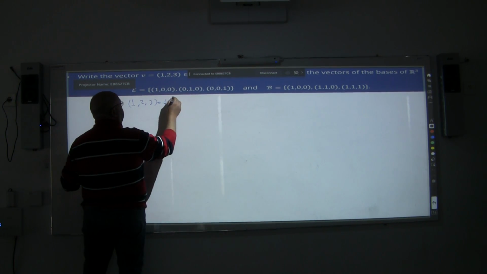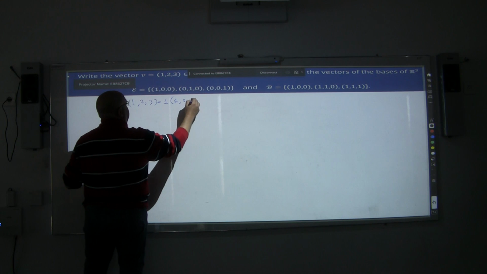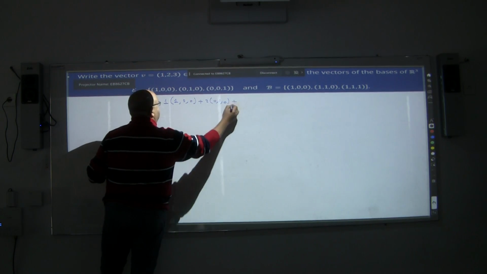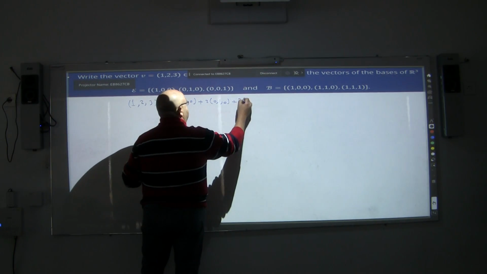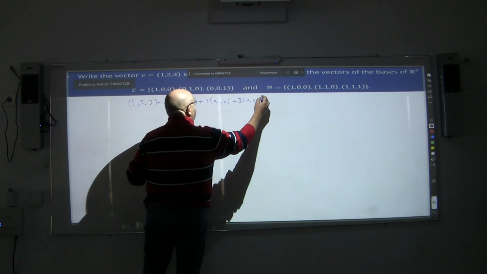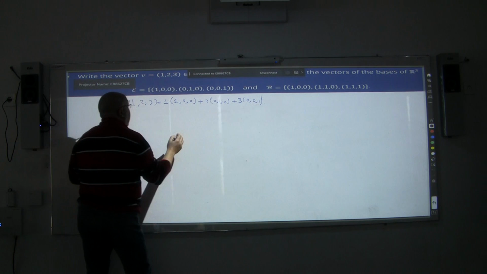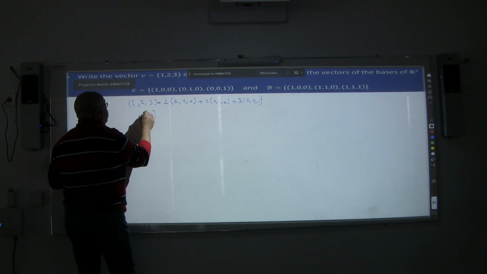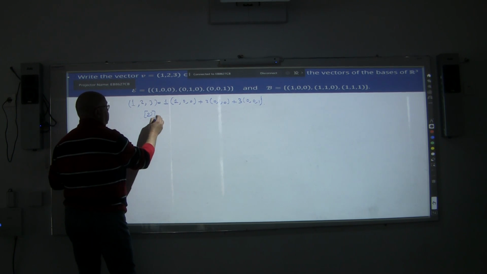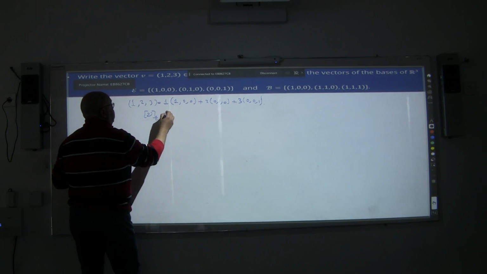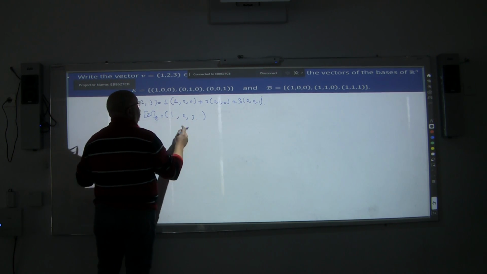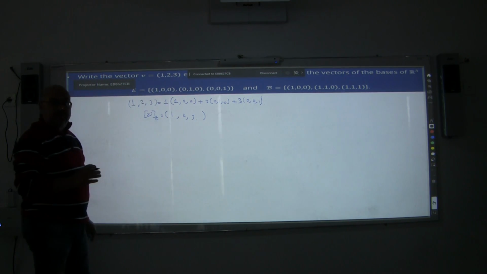It's going to be 1 times (1, 0, 0), plus 2 times (0, 1, 0), plus 3 times (0, 0, 1). Now I can write that for vector V with the canonical basis zeta, the coefficients are 1, 2, and 3, which are the same as the vector.